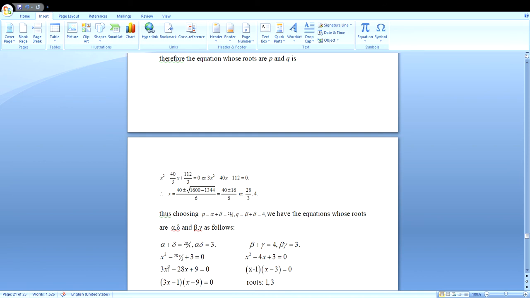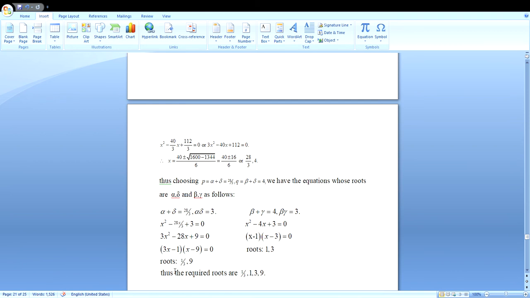For the roots, the equation is x square minus 28 by 3 x plus 3 equal to 0. Again simplifying, this reduces to 3x square minus 28x plus 9 equal to 0. Factorizing this, we have 3x minus 1 into x minus 9 equal to 0. Roots are 1 by 3, 9.